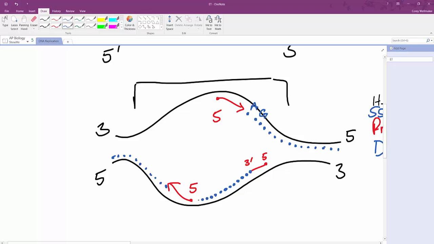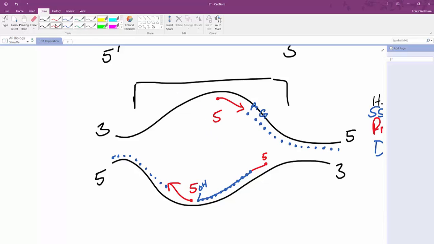And what's going to happen when it hits this primer that was laid down previously is it's going to fall off. And our new 3' end is just this nucleotide right here that has an OH sticking out. And we call this fragment that is produced an Okazaki fragment.